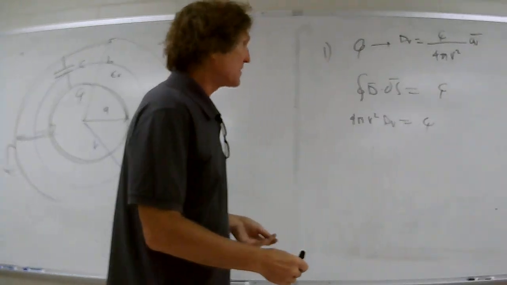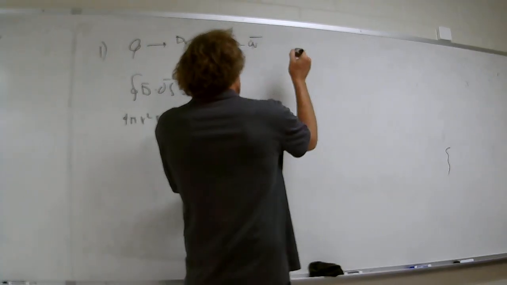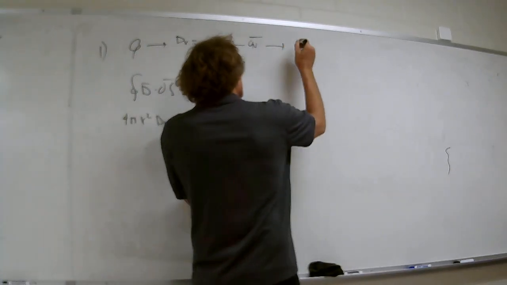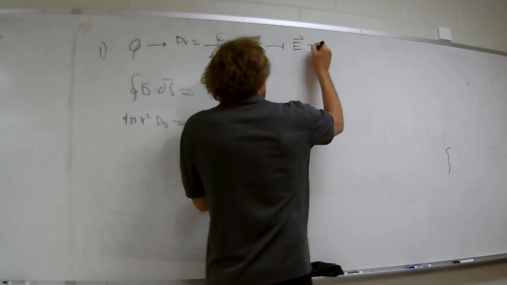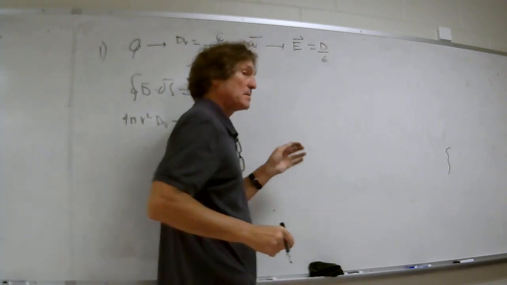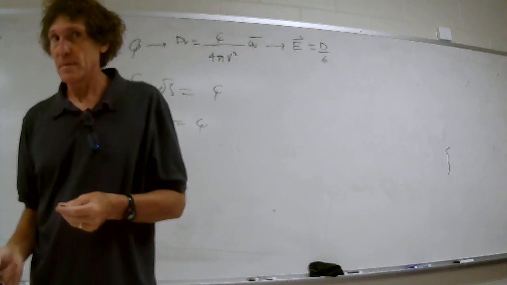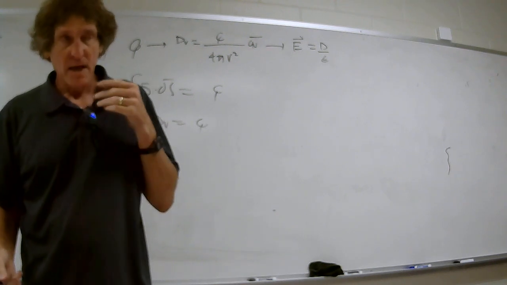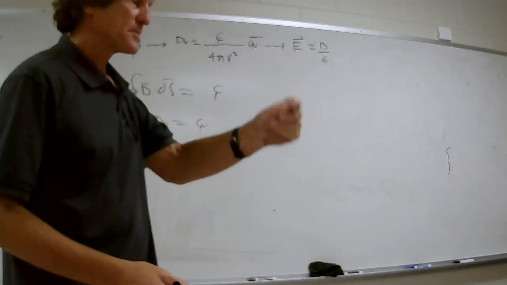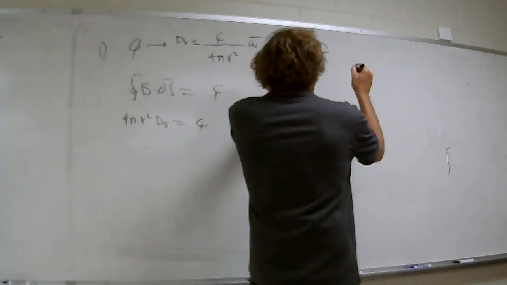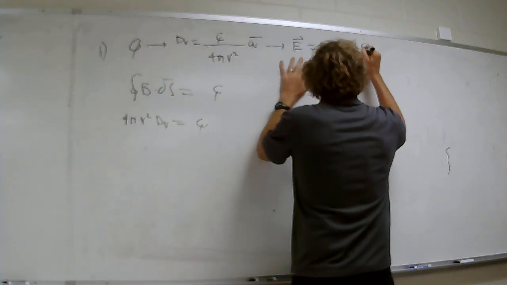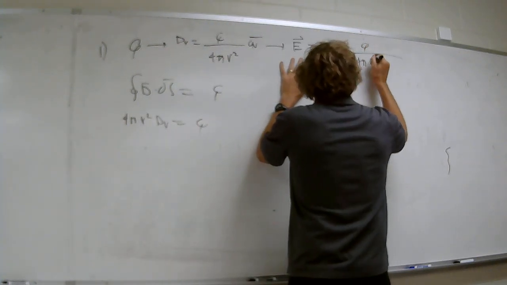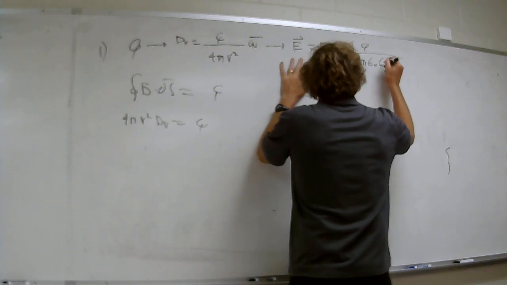The next thing I get is the E field. I'll slow down for you too. To get the E field, I just take the D field divided by epsilon. You guys got me on this one? Epsilon is epsilon naught times epsilon relative. So here, it's equal to the assumed Q over 4 pi epsilon naught epsilon relative, over r squared a_r.